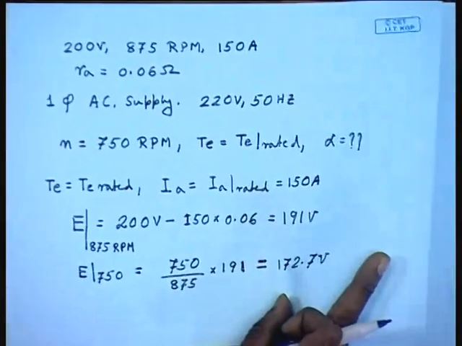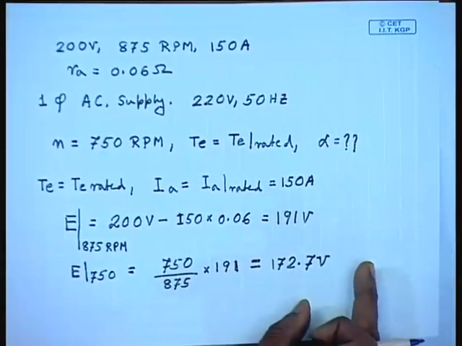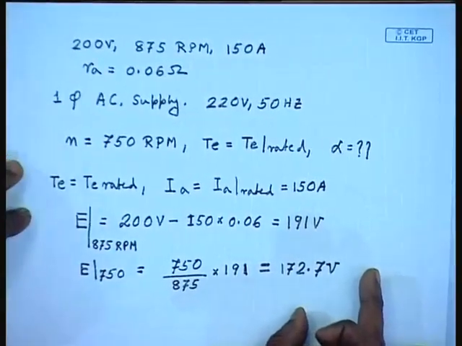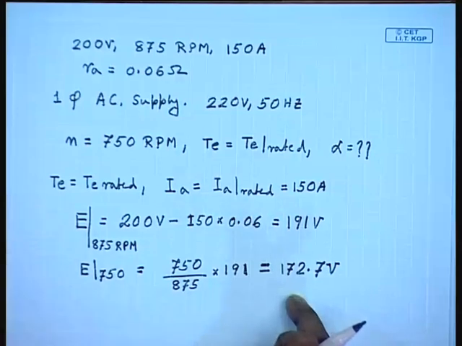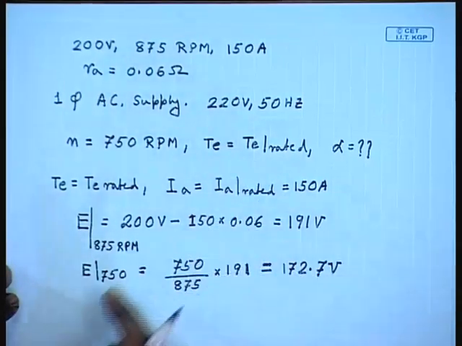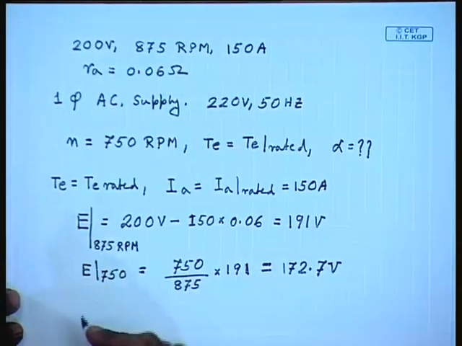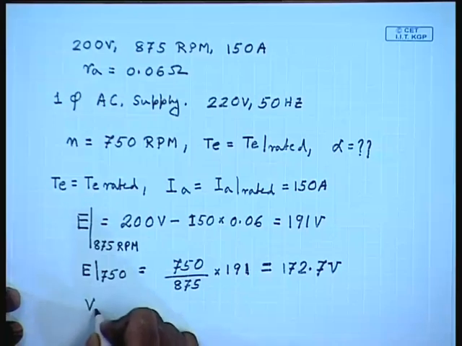So, if we now want to operate the machine at rated torque at 750 RPM, what should be the terminal voltage, the average armature voltage?